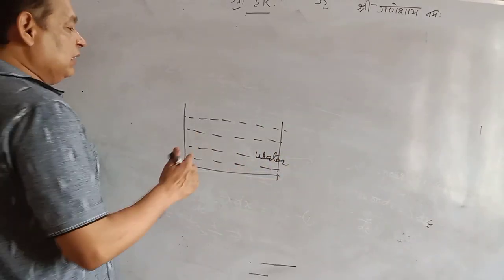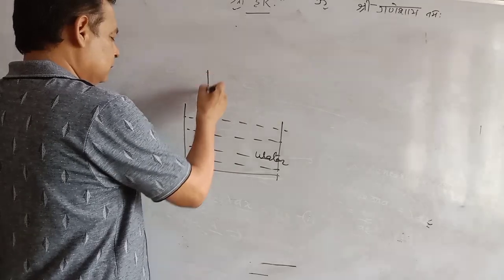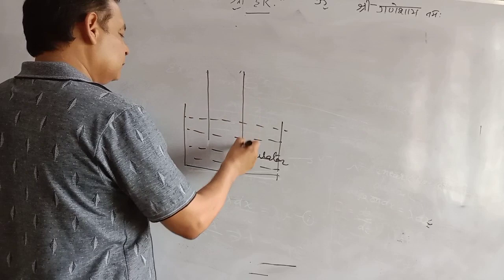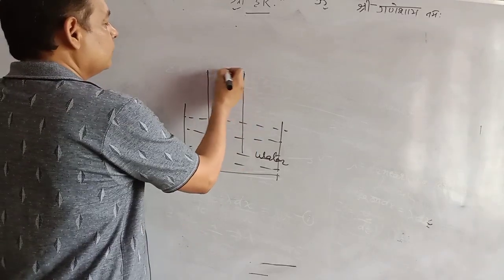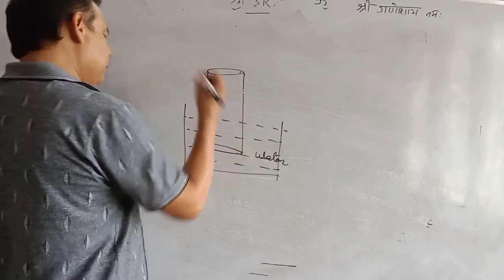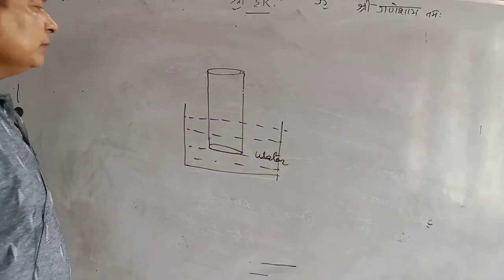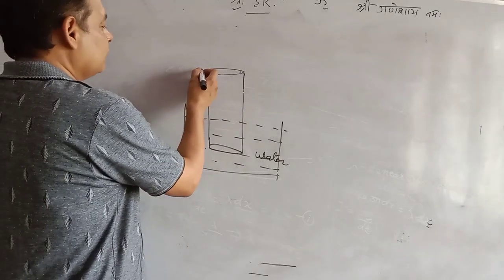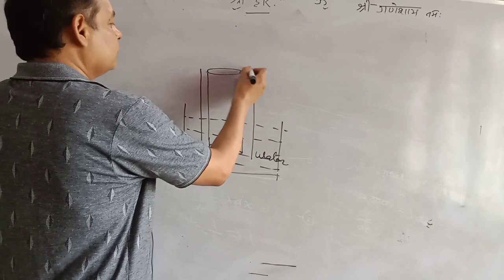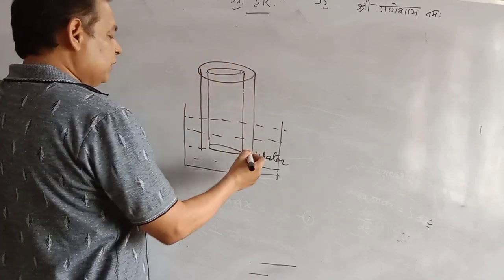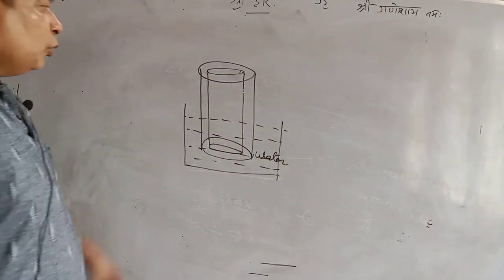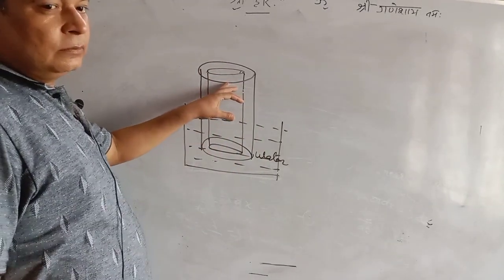There is a metallic cylinder. There is a cylindrical capacitor, suppose, in which two coaxial cylinders are used.